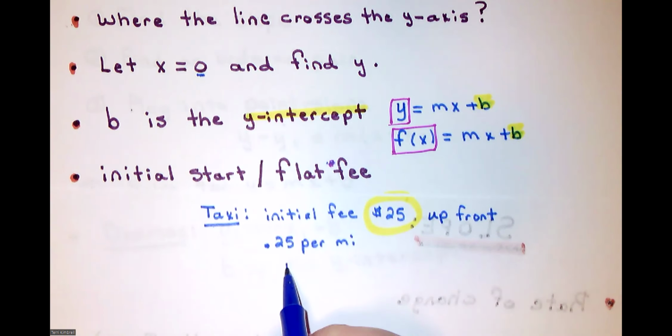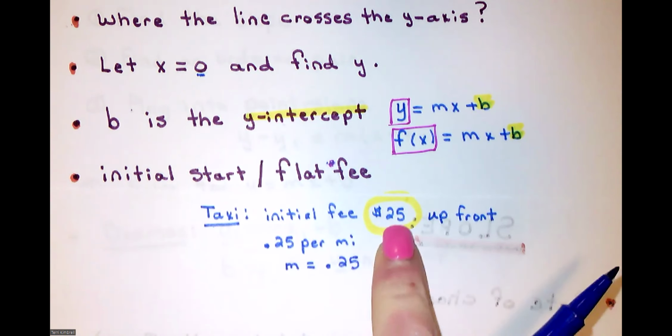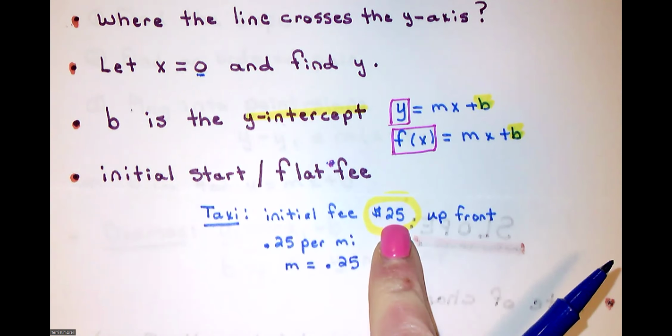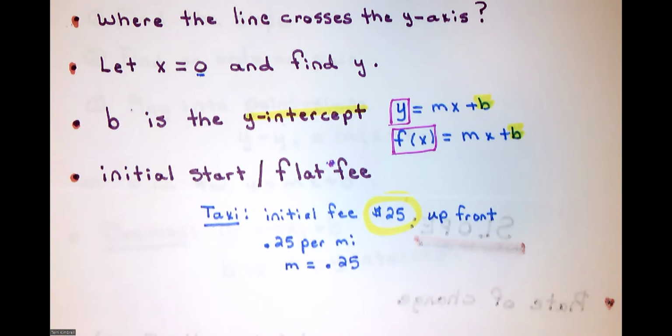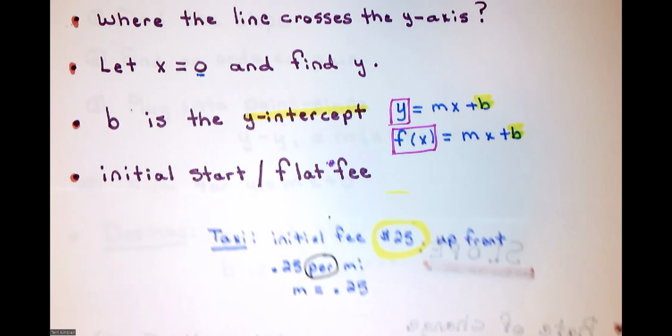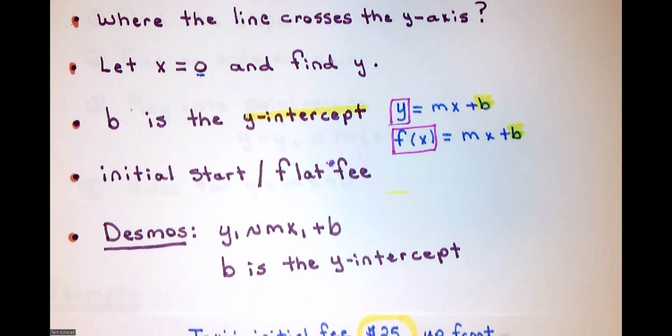The 25 cents was the slope, okay? The $25 was the upfront. So remember, the per is that constant change with your slope. Now, when you go to Desmos and you type in that information again, you would look for the letter B. B would be the y-intercept.